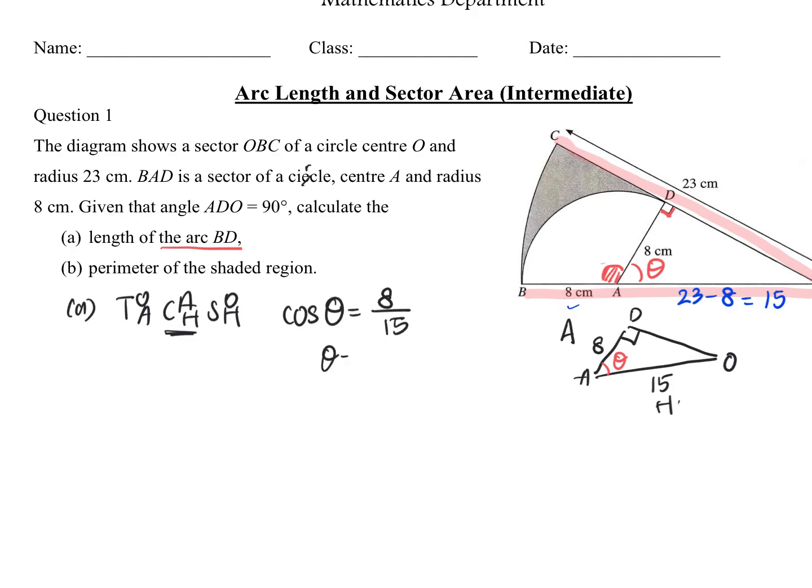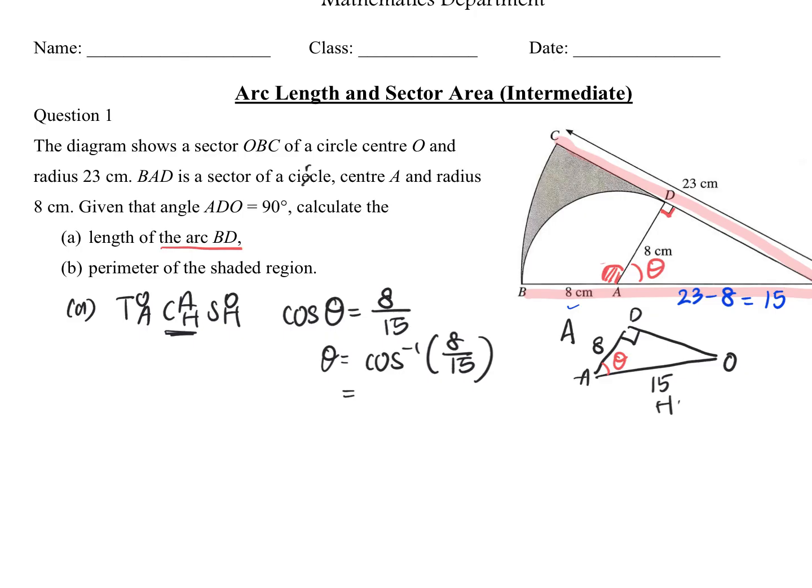To find the angle, we need to use cosine inverse. Now in this case, this is all in degrees, so make sure your calculator shift menu, number 2 angle unit, is number 1, degree. So shift cosine 8 over 15.